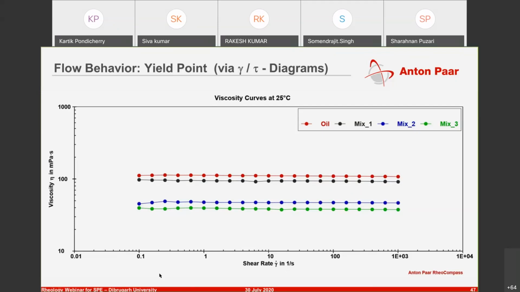Adding 2% is causing such a drop, and 20% such a drop. And when you add diesel, it's a completely different story. The reason why I'm showing this is that oils in principle are shear rate independent. And even if you add some additives, you can change the viscosity, but in principle, you're not really changing the shear rate dependence of these oils.